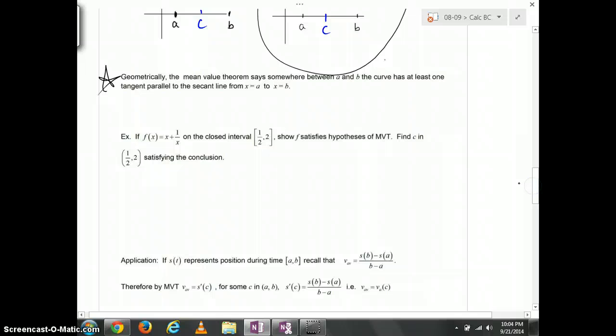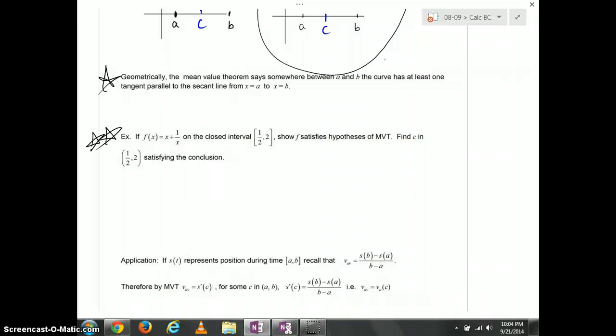Well, my goodness, this next example is incredibly important, very important on the AP exam. And we need to be very, very careful to talk through this. Very easy to miss this question in particular. So let's take it slow. Let's say f is defined to be x plus 1 over x.